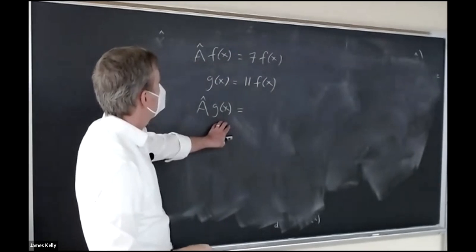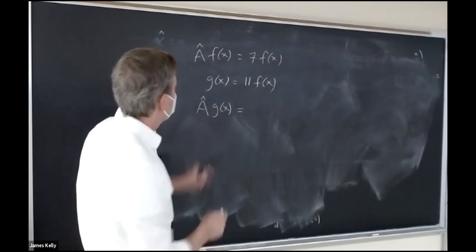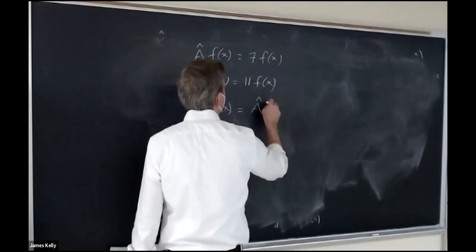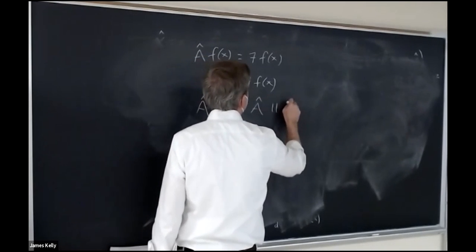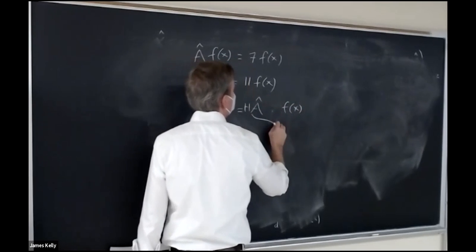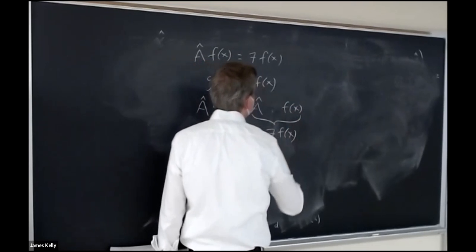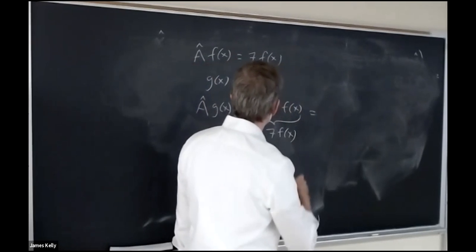Well, g of x is just 11 times f of x. So this would be A operating on 11 f of x, and the 11 can be moved out in front. And we know that A operating on f of x is 7 f of x.